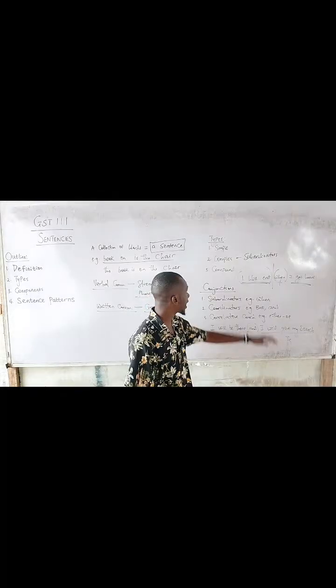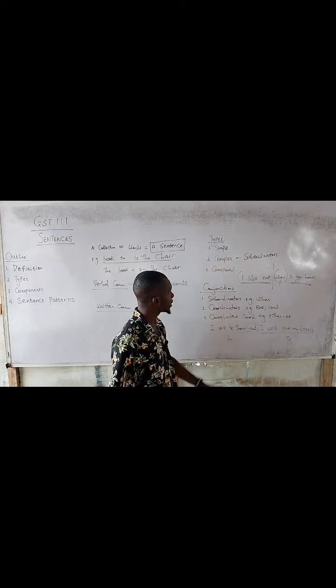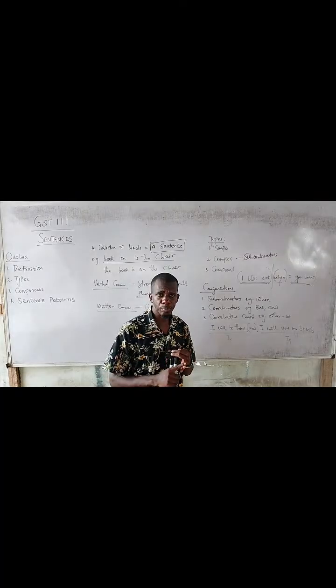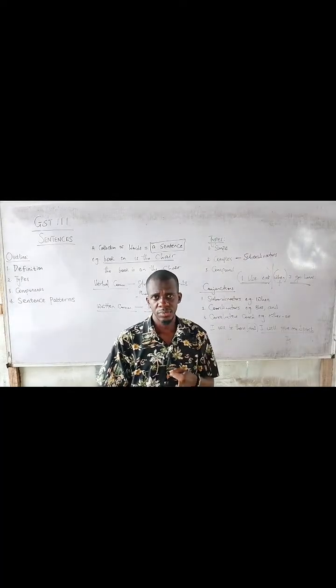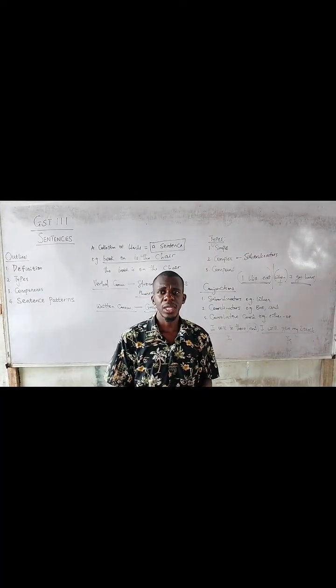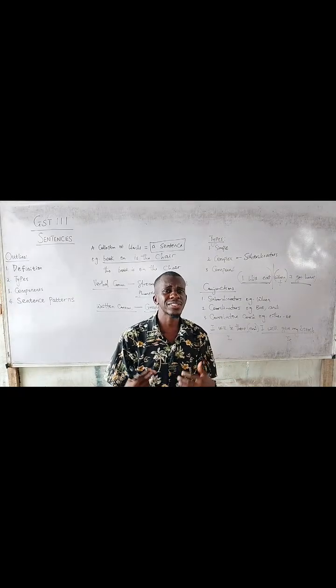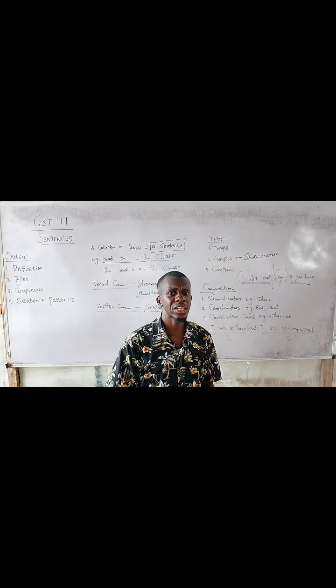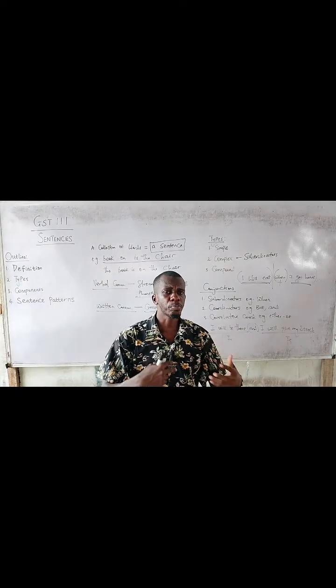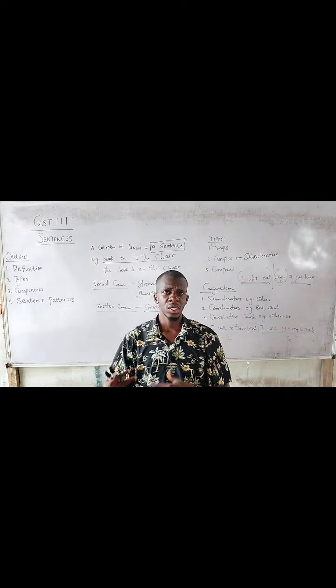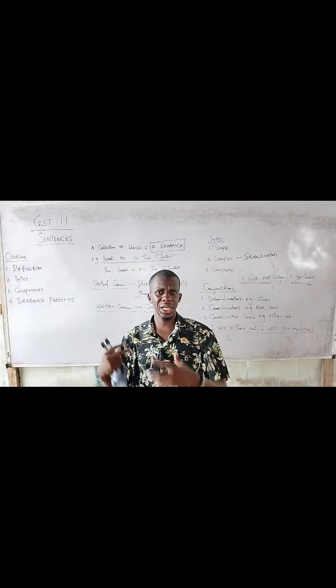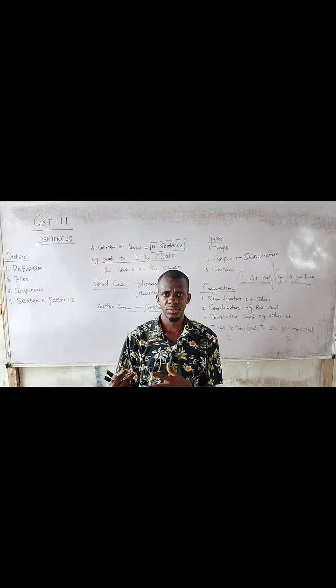Alright. So these are the three basic types of sentences: simple, complex, and compound. Okay? Now, in addition to these three types, you could have other sentence structures that you call complex compound sentence and compound complex sentence.